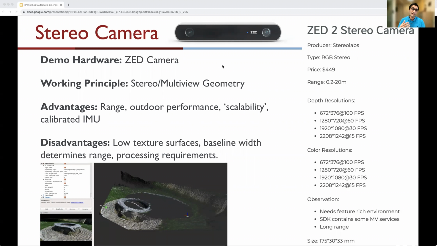And then there is a good amount of processing that is now offloaded onto the computer that is getting this very high resolution, high FPS system data. And so you need to have a computer that can run CUDA. And the upside is that the NVIDIA Jetson that we use on the car can run this sensor very effectively, and we have many of these sensors handy too.